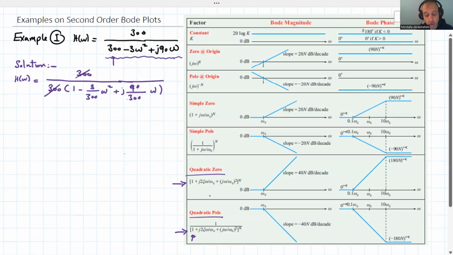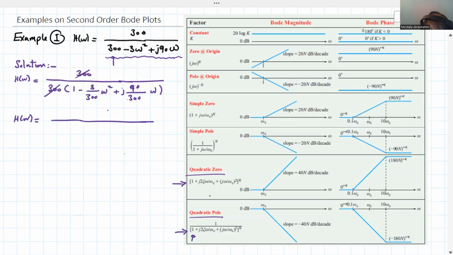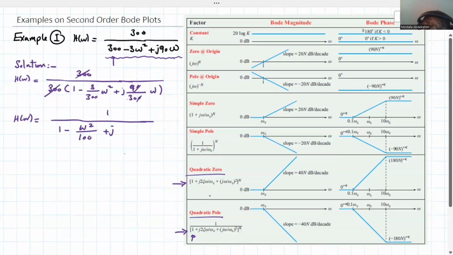The 300 will cancel with the 300, so H of omega will be 1 over 1 minus omega square over 100, plus j 90 over 300, which is j 3 omega over 10.